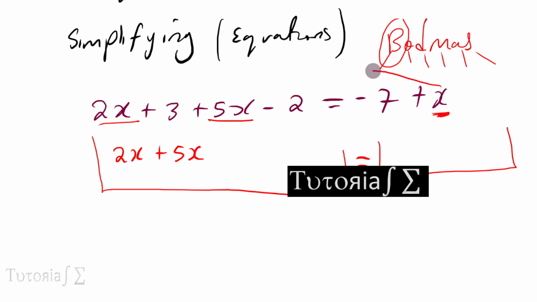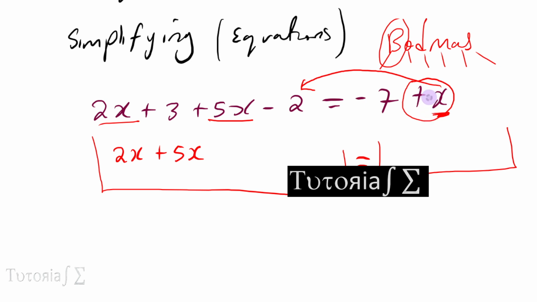Then on this side of the equation, this has an x, so it has to go over the equal sign to the other side. And remember, we said the number goes with the sign in front of it. When it crosses the equal to sign, whether a number or a variable like x, the sign changes to the opposite.